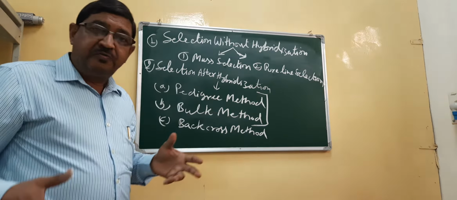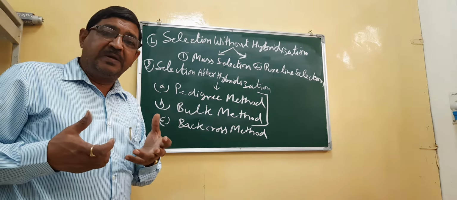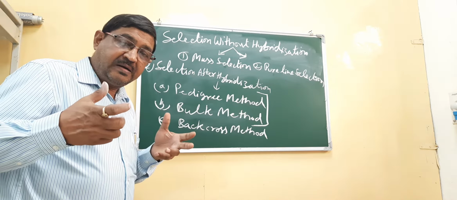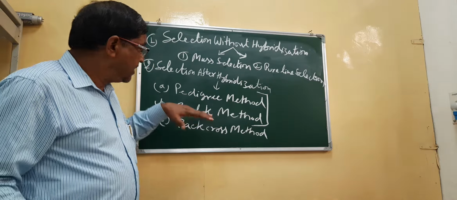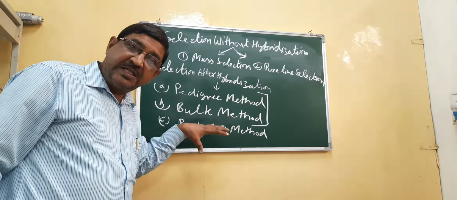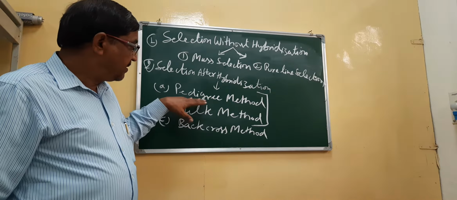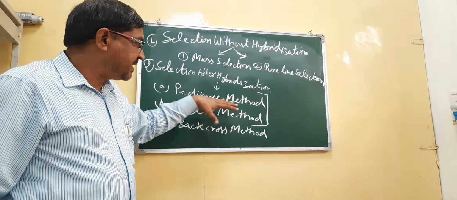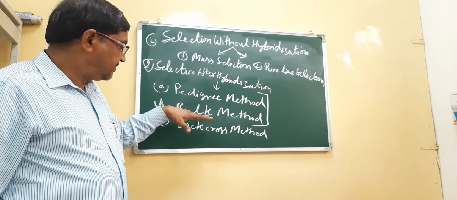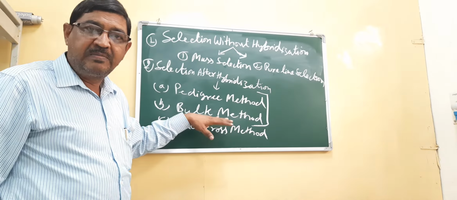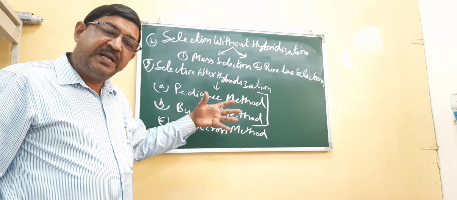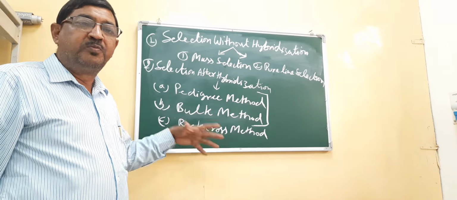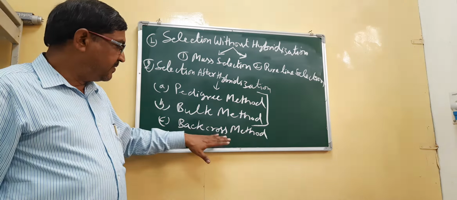If you are willing to develop an entirely new, high yielding variety as per your objective, you have to use the transgressive breeding method. Particularly the most useful methods are the pedigree method as well as the bulk method of breeding, or selection. And if you wish to improve a variety, you can use backcross breeding.